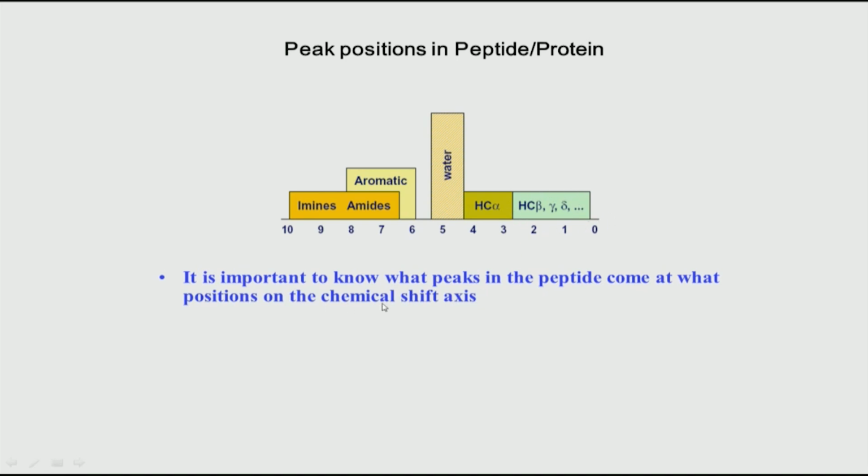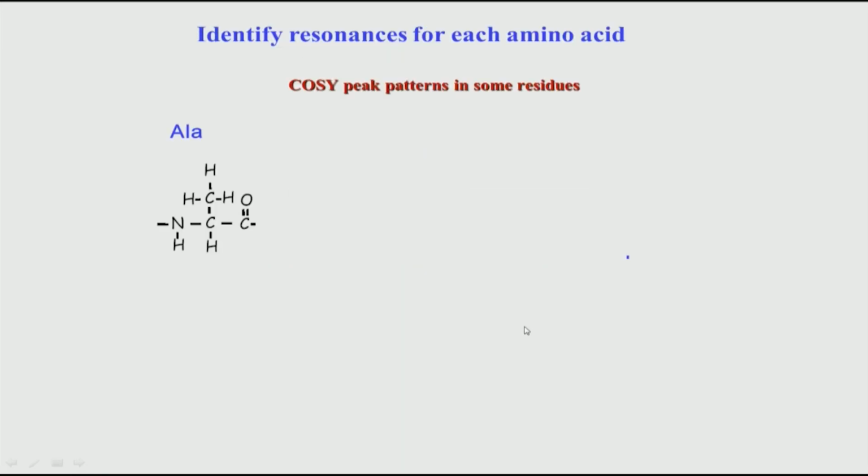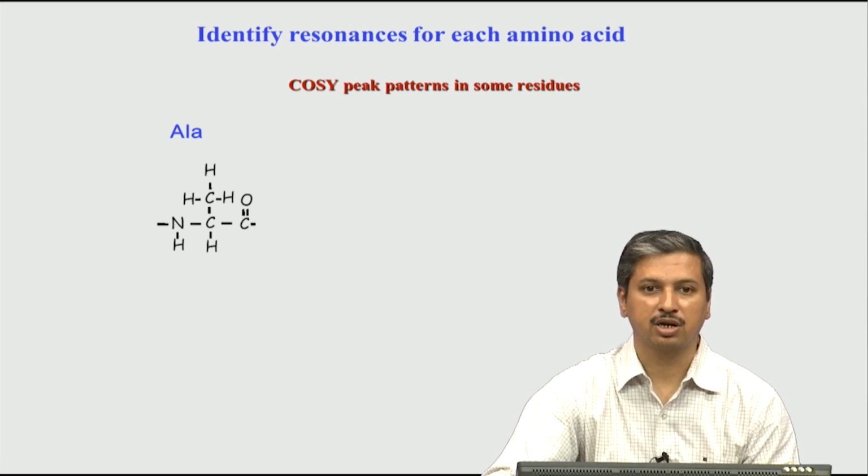It is important to know what peaks come where for resonance assignments. Now let us look at the peak pattern for amino acids. Again, remember we are going to restrict our focus only to the 20 naturally occurring L amino acids. L amino acids are what we see in nature in all peptides and proteins, and therefore we will focus on those 20 amino acids.